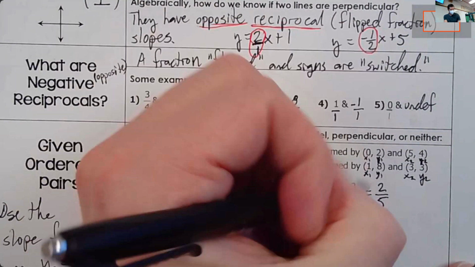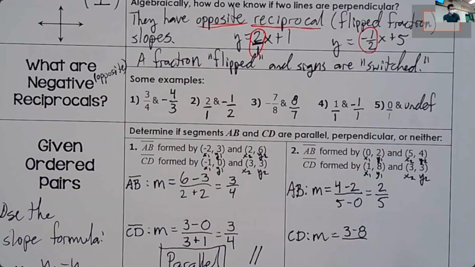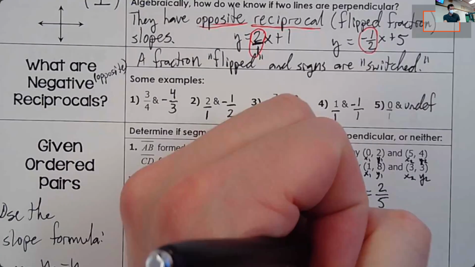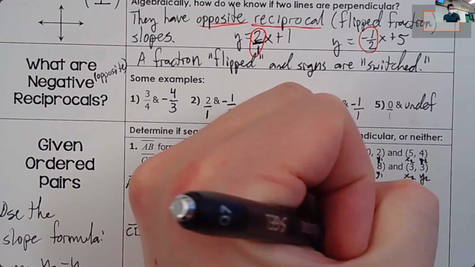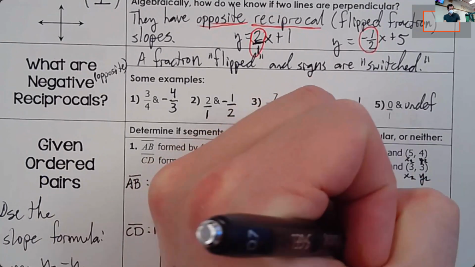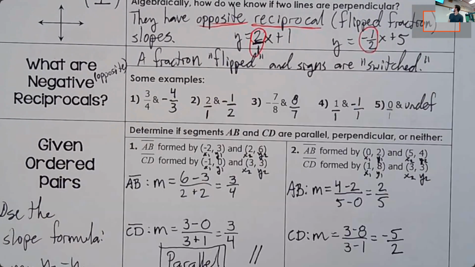So 3 minus 8 on the top, and on the bottom, the denominator, 3 minus 1, x2 minus x1. 3 minus 8 equals negative 5. And on the bottom, 3 minus 1 is 2. So our first line there has a slope of 2/5. And our second line has a slope of negative 5 over 2.